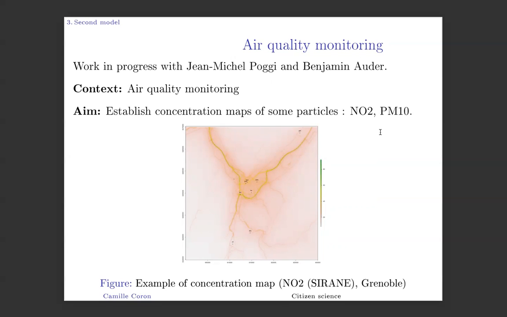We want to focus on air quality monitoring. So our aim is to establish some concentration maps of some pollutants, NO2 and particulate matter. So this is an example of a concentration map in a city of France.